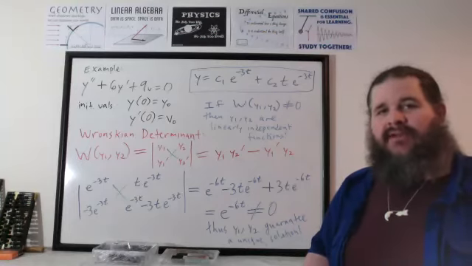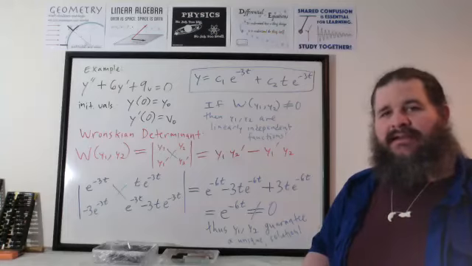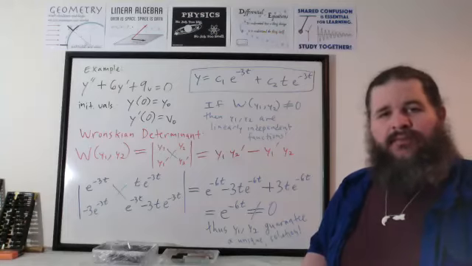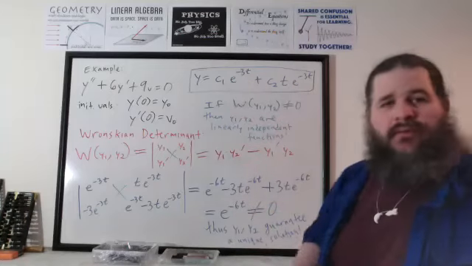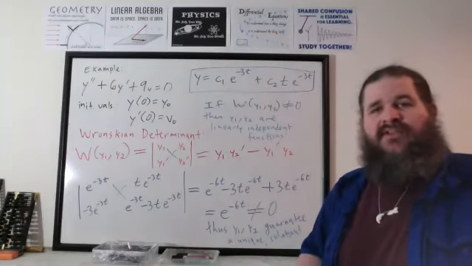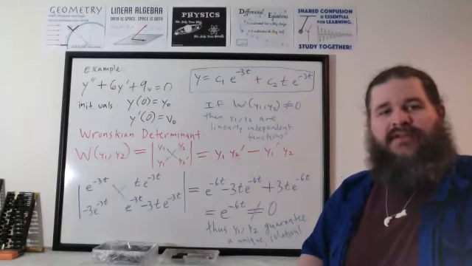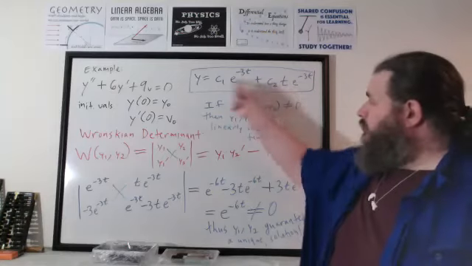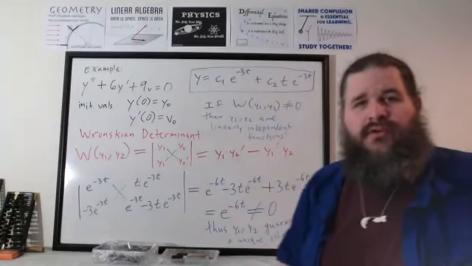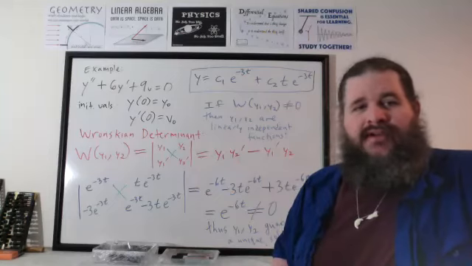And that would mean you don't have enough information. You would genuinely need a different type of function to be y2. In this case, though, this y1 and this y2 lead to a Wronskian being non-zero, which means they really are different types of functions. They're linearly independent. And that tells us that this general solution will work, that this general solution should apply no matter what the initial conditions are.